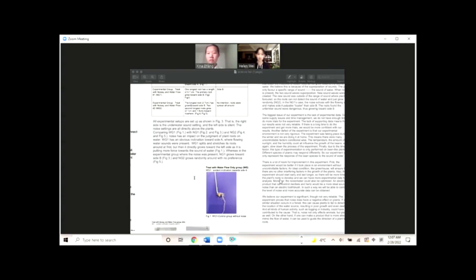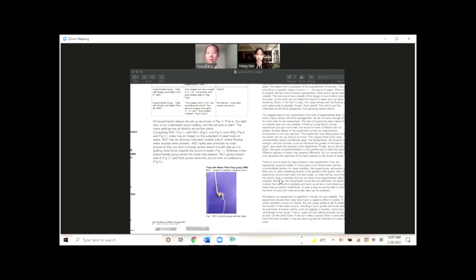Another defect of the experiment is that our experiment was not really rigorous. This experiment took place during the winter, and we did it at home. This means that there are many uncontrollable factors to consider, such as the temperature, the amount of sunlight, and the humidity.